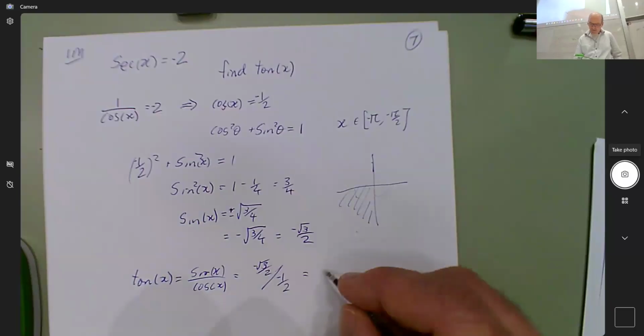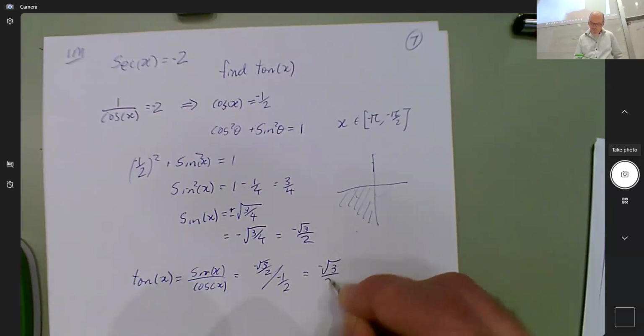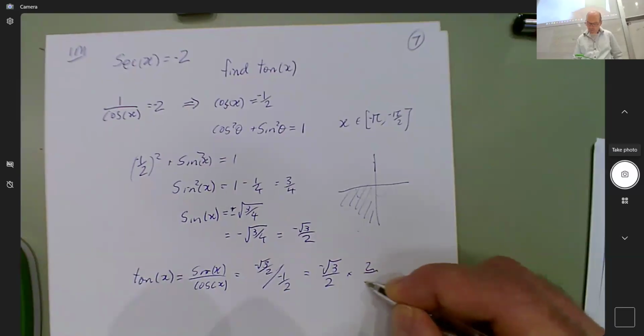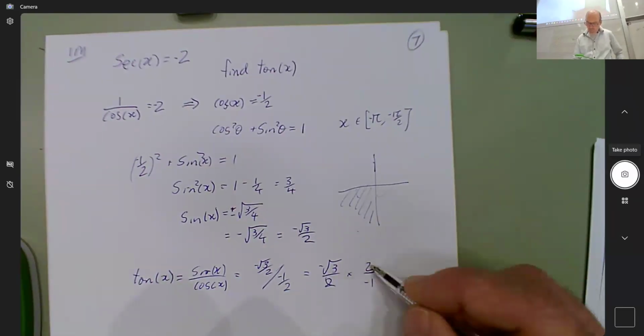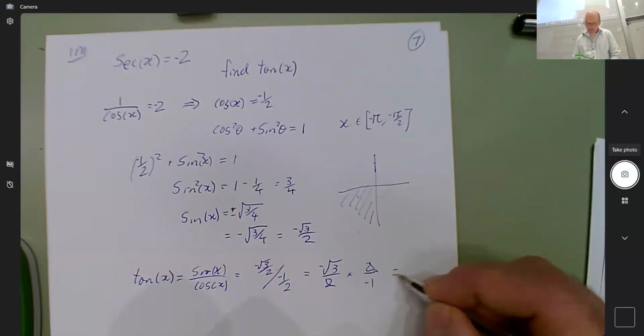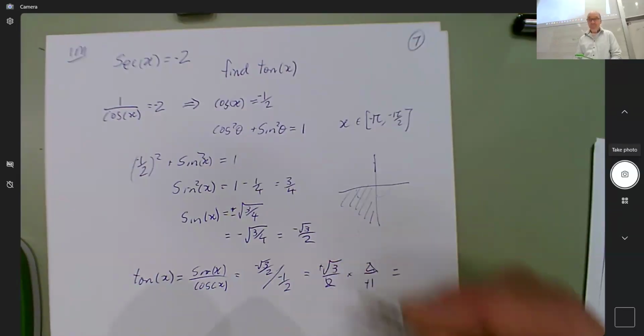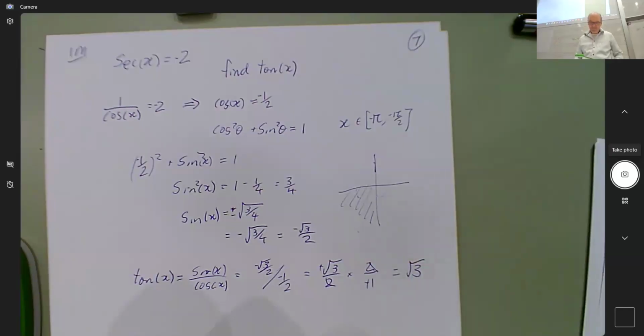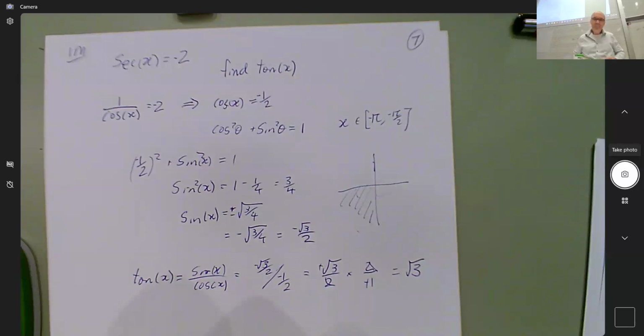When I'm dividing by a fraction, I multiply by the reciprocal: 2 on minus 1. My 2's cancel, and strictly speaking, these minus signs cancel. And so I'm left with root 3. Sweet.